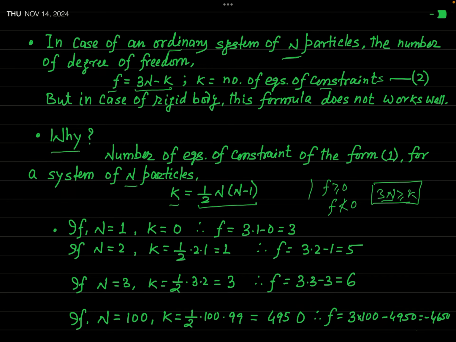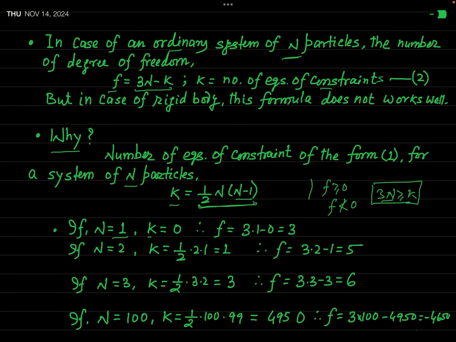If k has a value greater than 3n, then this formula will not work, and k is given by this formula. So let us see some important examples. If you consider a system containing only one particle, then what will be this k? Here n is equal to 1, so n minus 1, that is 1 minus 1, will be equal to 0.